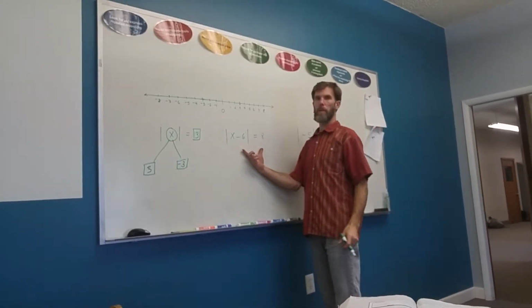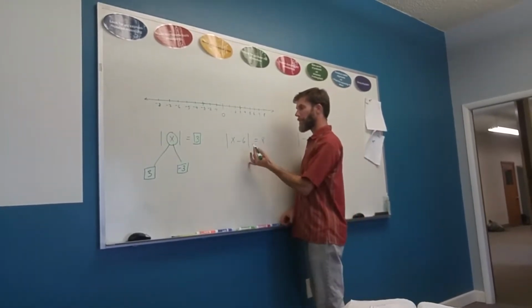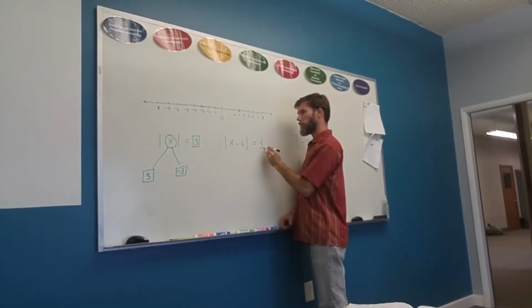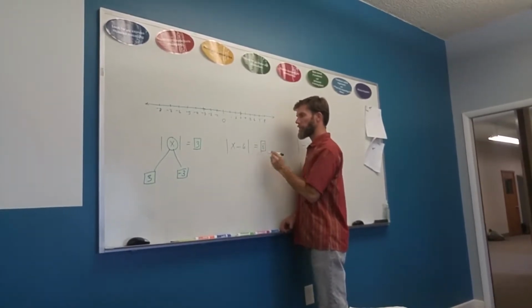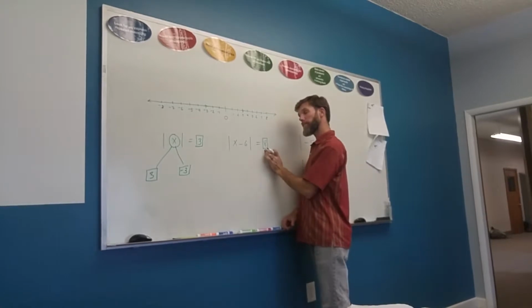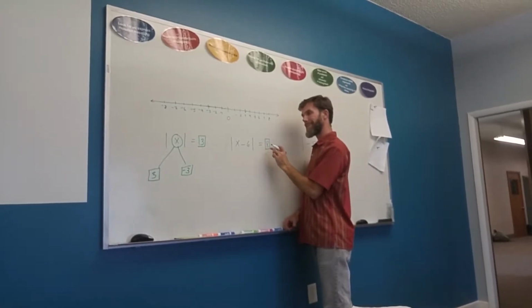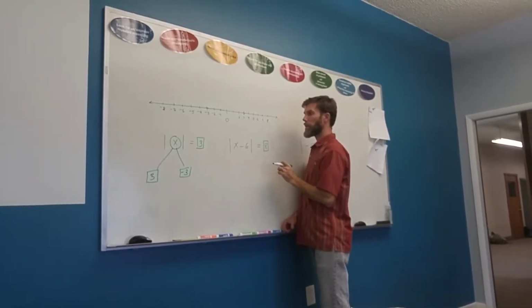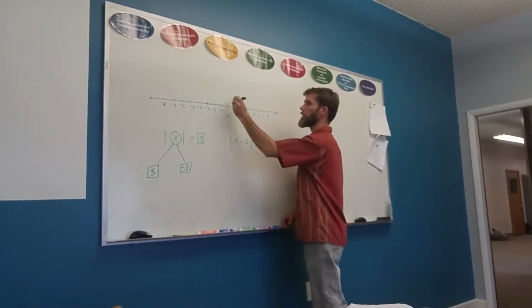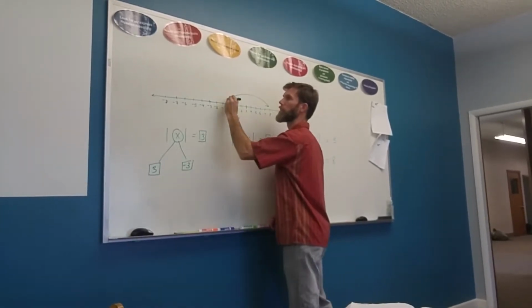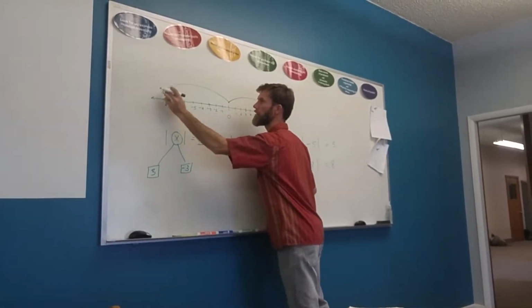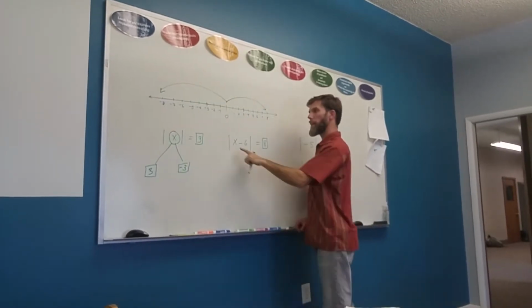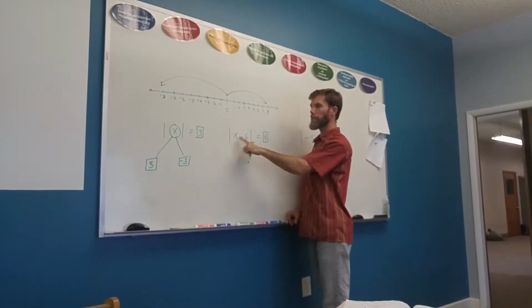So now what about this problem? It's asking what numbers are 8 spaces away from 0. So this is the distance, that's why it's positive. 8 from 0. Well, there's 2 numbers that are 8 from 0, 8, and -8. Okay? Does that mean 8 and -8 go here?